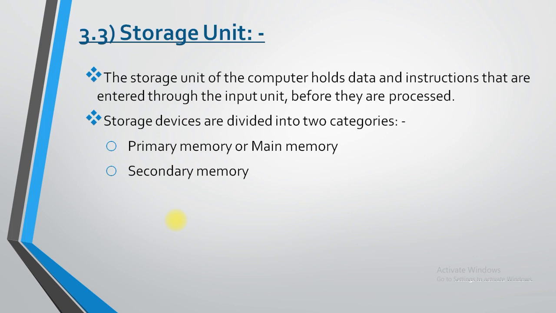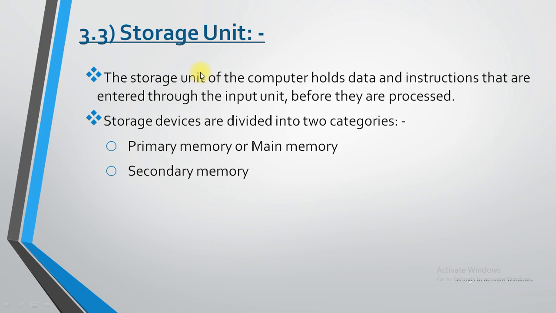From the name only you can write the points related to the topic: the storage unit is the part of the computer which holds the data and instructions entered through the input unit, because we know that we can input data through the input unit only. After inputting that data we need to store it at some location. So before processing there is a requirement to store that data. That is the role of the storage unit.